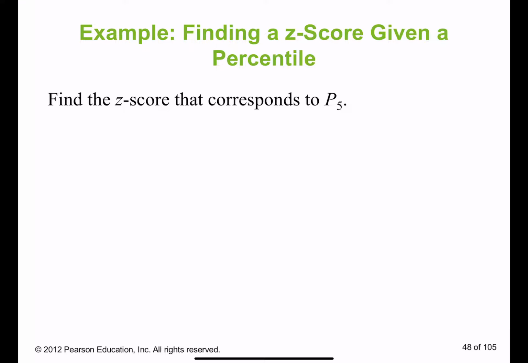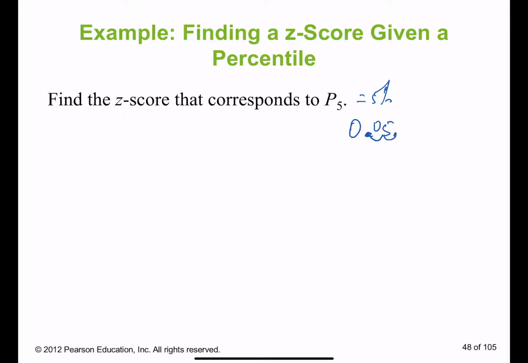Find the z-score that corresponds to the 5th percentile, which means it's asking for 5%. 5% is 0.05. So we need to find which z-score matches 0.05. Guess which z-score we are going to go to, positive or negative?